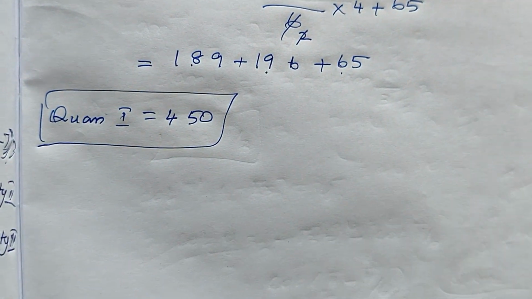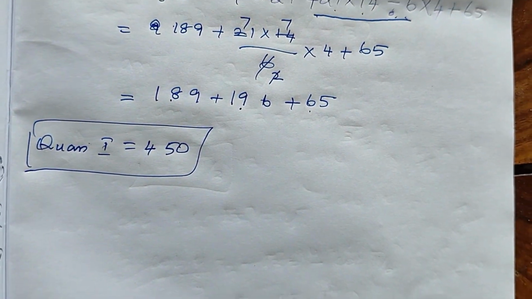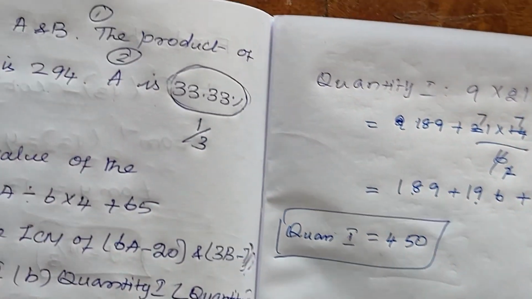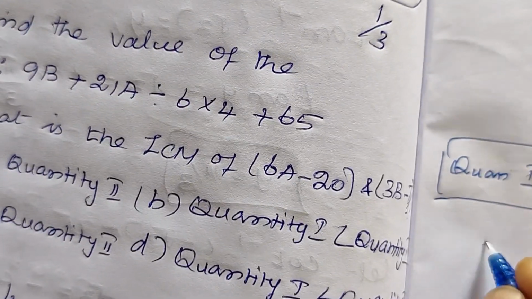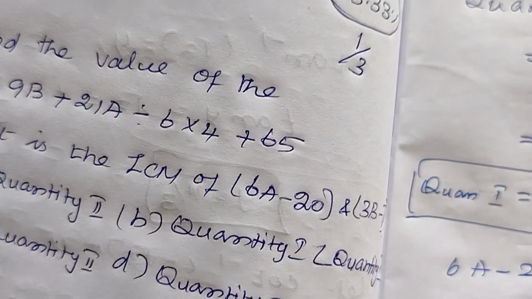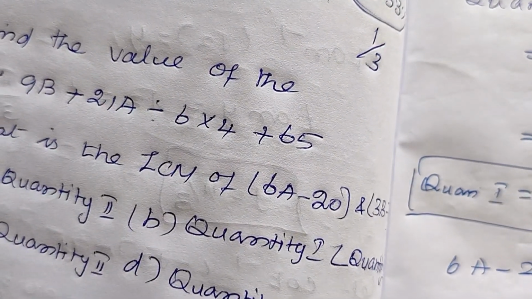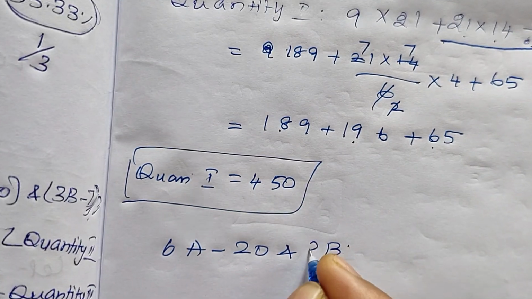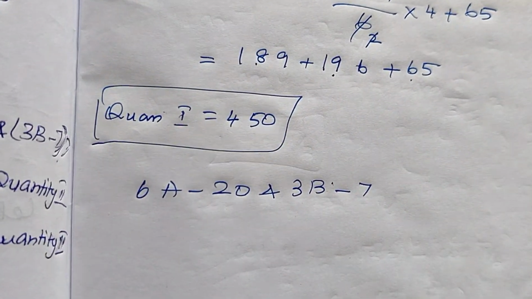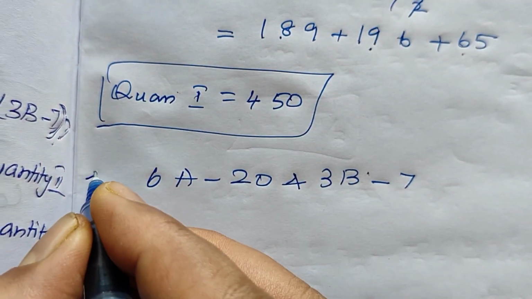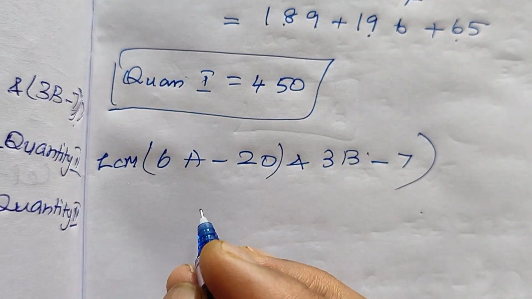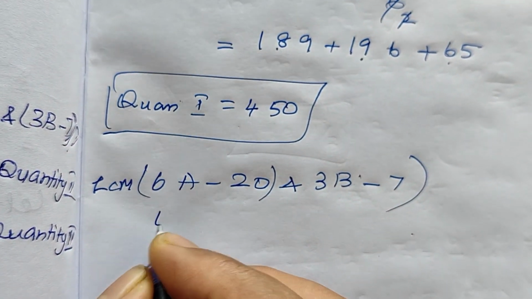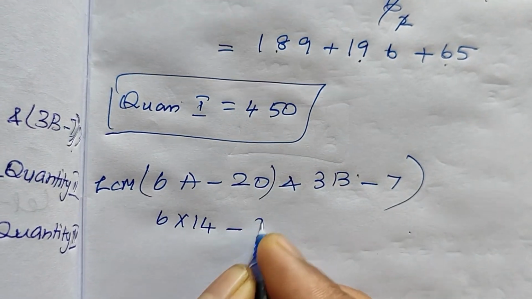Next we have to go to quantity 2. What is quantity 2? This is the LCM of 6A minus 20 and 3B minus 7. A is 14, so 6 into 14 minus 20 is 84 minus 20, which is 64.